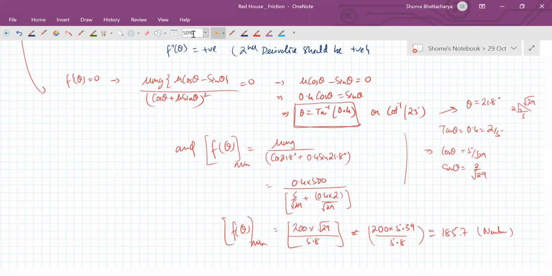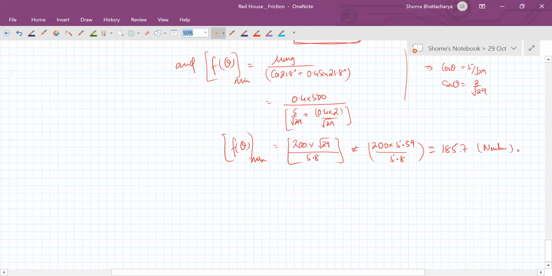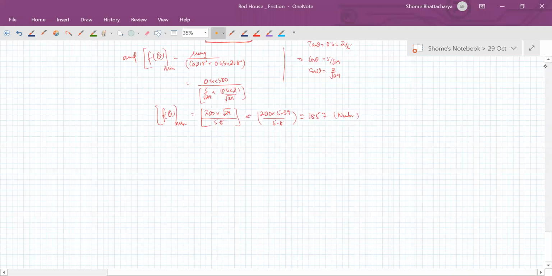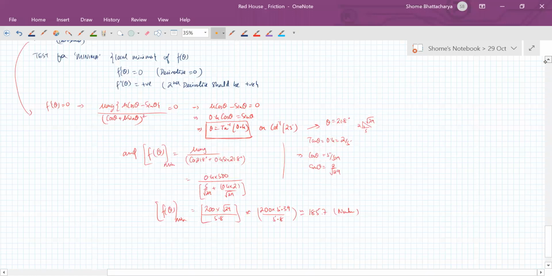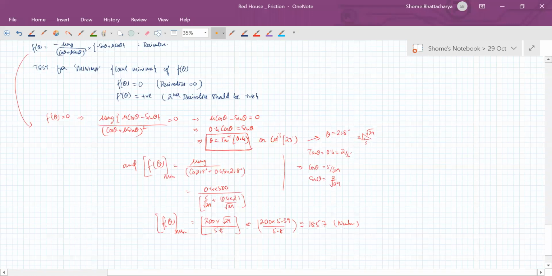But as you can see, a lot more effort over here because you're doing the differentiation, and that too I have not done the second derivative test. If you do the second derivative test to further prove that, it becomes more lengthy. But it's easy to understand here that this is the minima only, this is not the maxima.